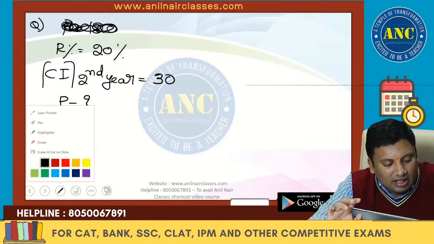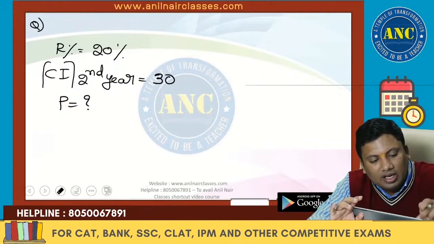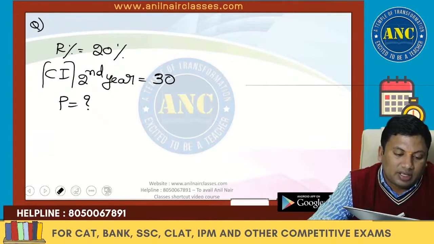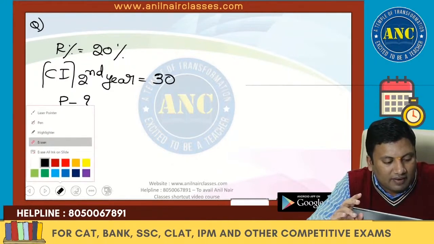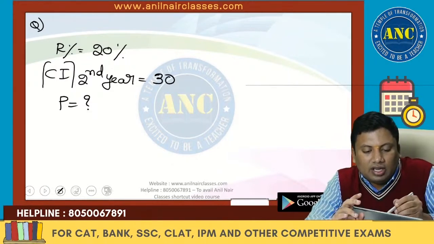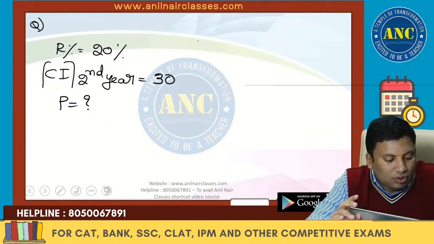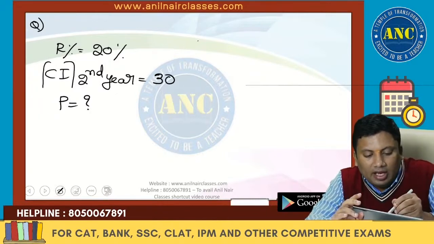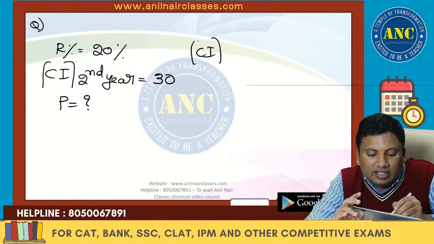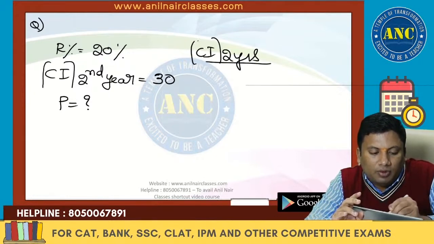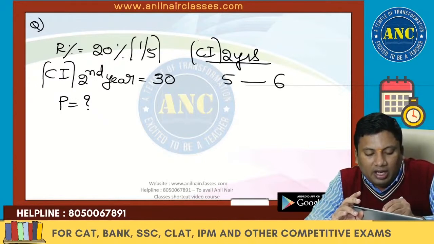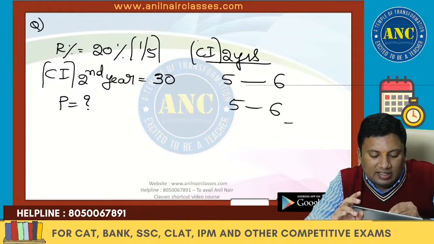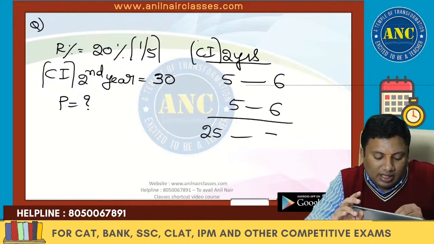Listen carefully, sir. This is another variety, right? R percentage is 20%. CI for second year is 30. Only the second year value is given. Generally, if CI for 2 years is given, what is the method we would have used? 20% is 1 by 5. 5, 1 increase 6. 25 becomes 36.